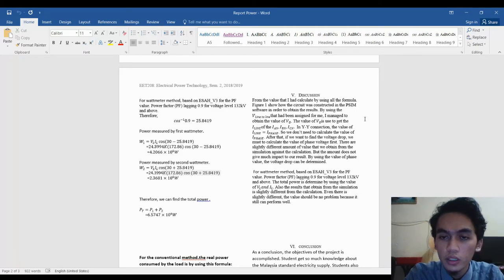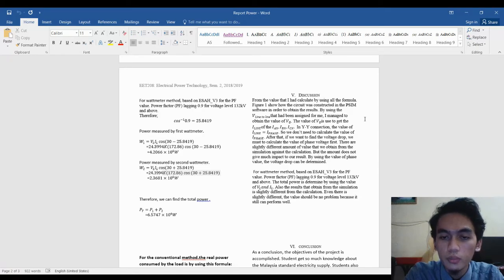In Y-to-Y connection, the value of I line is equal to the I phase, so we don't need to calculate the value of I phase. After that, if we want to find the voltage drop, we must calculate the phase voltage first. There are slightly different values that we obtain from the simulation against the calculation, but the difference does not give much impact to our result. By using the value of phase voltage, the voltage drop can be determined.